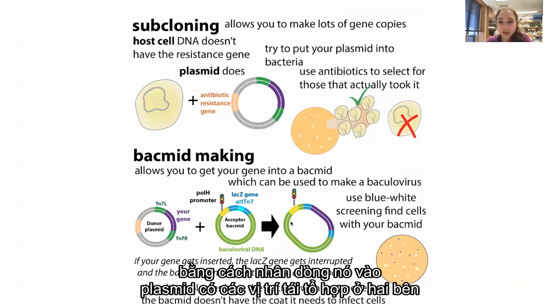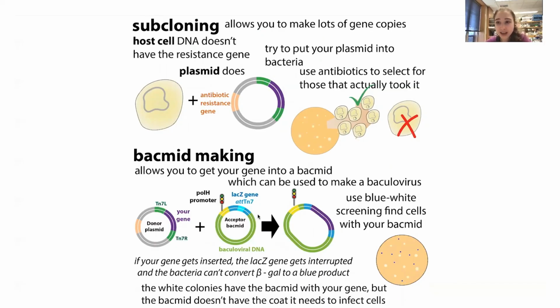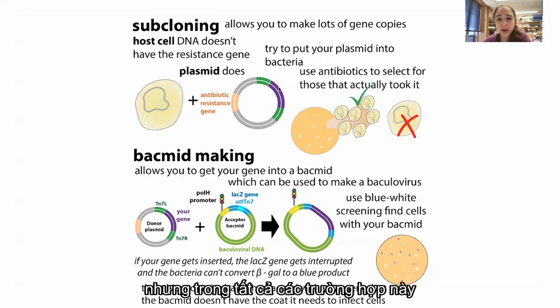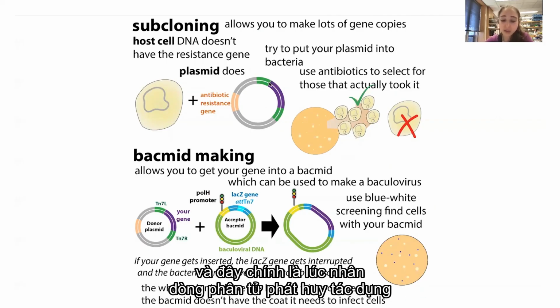We clone it into this plasmid that has these recombination sites on either side, then we can put it into and make this baculovirus and that sort of thing. So there are a bunch of things you can do depending on what you want, but in all of these cases, first you had to get it into that original plasmid. And so this is where molecular cloning comes into play.